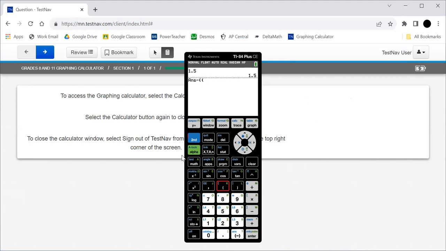We had x sub n cubed, so that'd be answer cubed, minus x sub n, that'd just be answer, minus 2. We'll close that parenthesis, and we'll divide that by what we had in the denominator, which was 3x sub n squared. So we'll say 3 answer squared, and then minus 1. Close the parenthesis for the denominator, close the parenthesis for the whole fraction, and we'll hit enter.